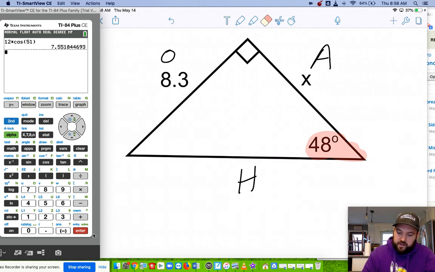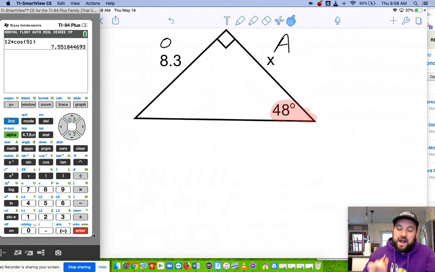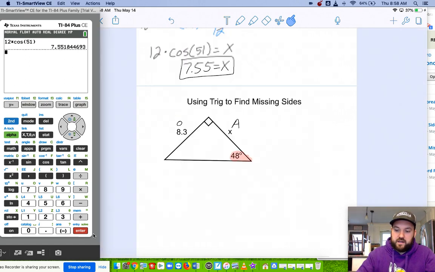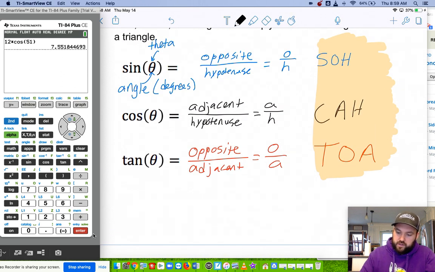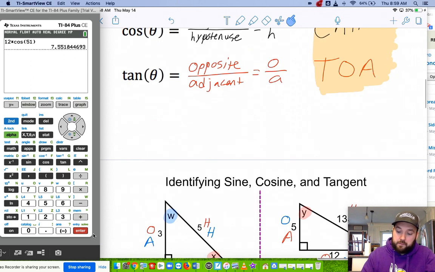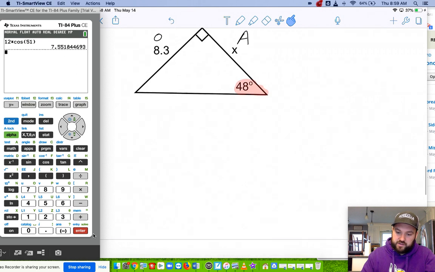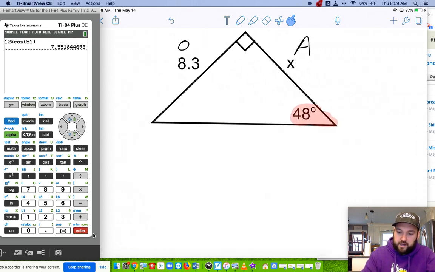Now, I don't care about the hypotenuse in this problem, so I'm going to get rid of it. So I want opposite and adjacent. And if I scroll back, the trig function that uses opposite and adjacent is tangent. So for this problem, I'm going to be using the tangent of the angle that I'm given.